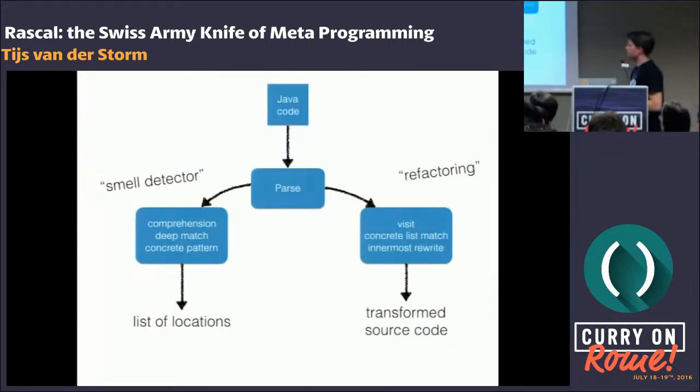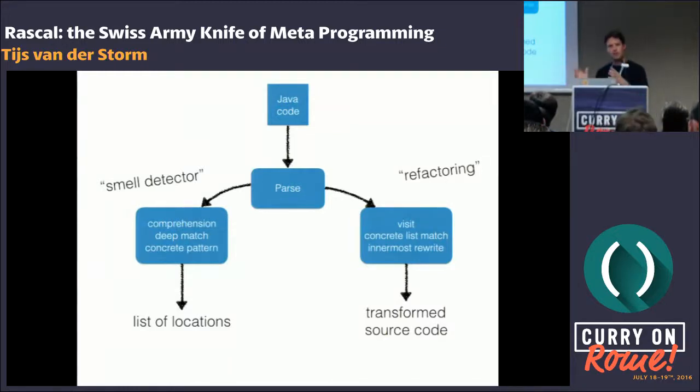Okay, so what we've seen now is that there's basically a perspective here of making tools to improve or better understand existing programs, right? So we've made a small smell detector and we made a small refactoring, if you could call that. But it's all from the perspective of, okay, there's some existing source code that I want to improve or understand.